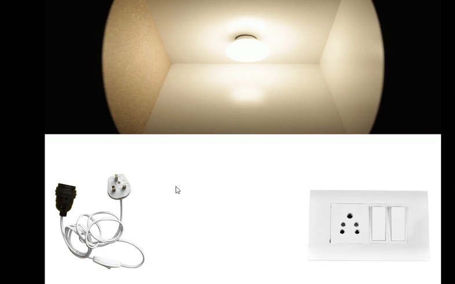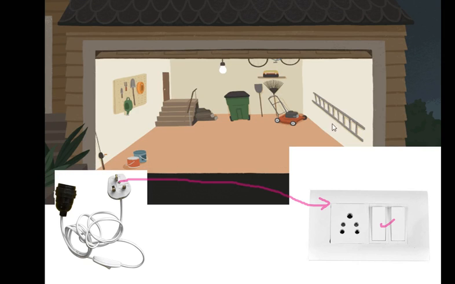I want to switch on the light, so when we plug this cable into the socket and turn on the button, you will get light, right? So this is what we can call ports.